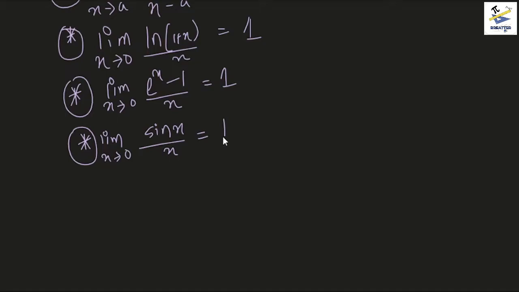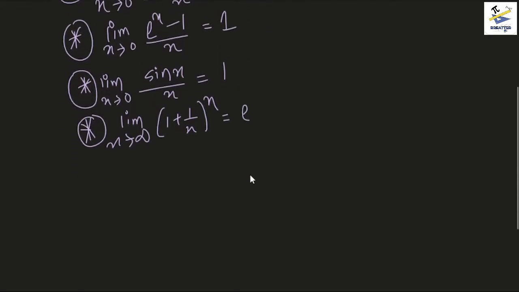Now we have the improper limit as follows, and this is equal to the exponential number e. Right, so this completes the basic definitions for all the results on limits.